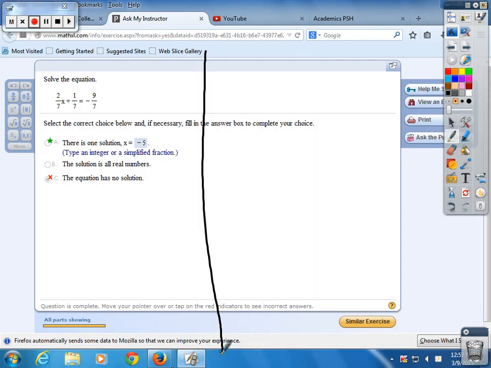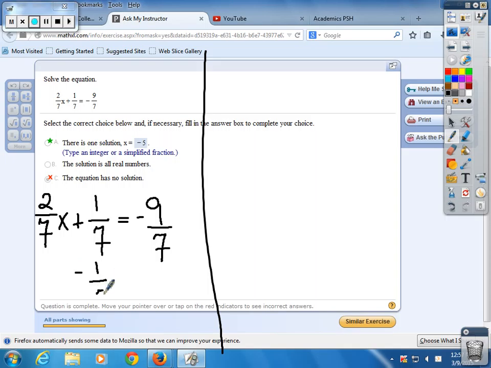So on one side, we're going to work it as is. So 2/7 x plus 1/7 is equal to negative 9/7. And I'm going to subtract 1/7 on both sides. And that gives me 2/7 x is equal to what?